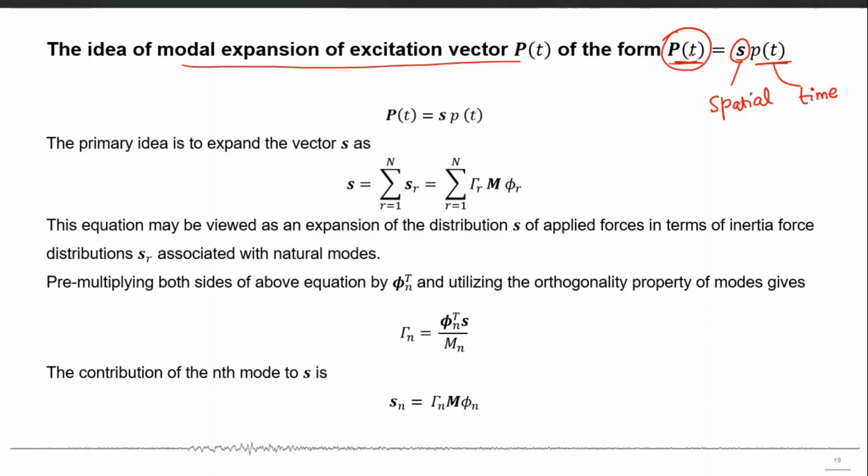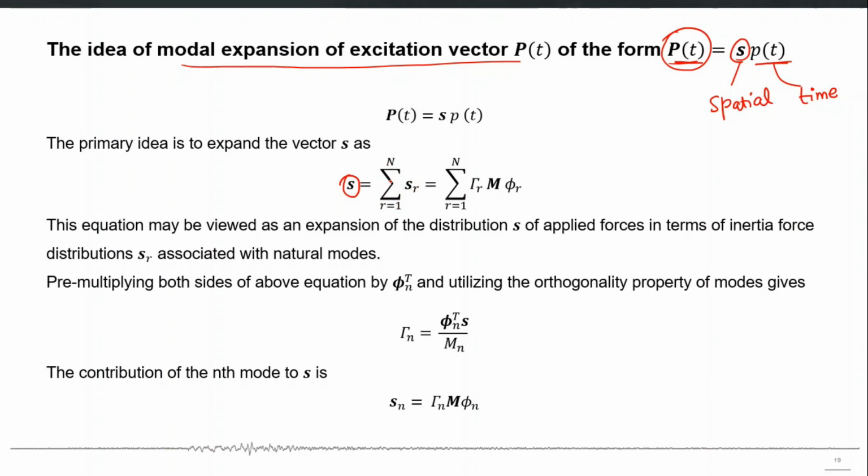The idea is that we can expand that spatial distribution vector into contributions from different vibration modes. So we can say that this S is the sum of S_r vectors, where r is 1 to n, where 1 to n are the number of mode shapes.